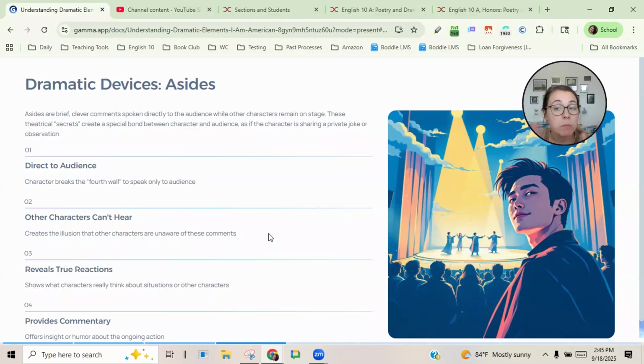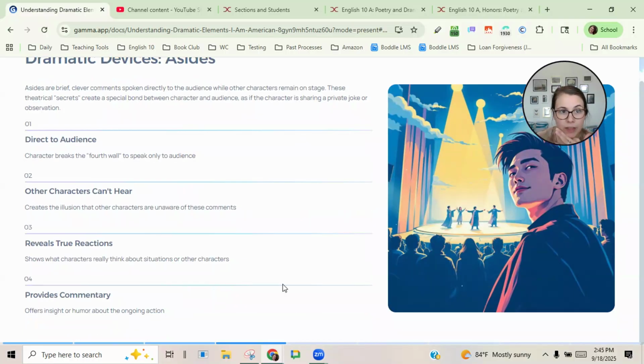And so they're completely unaware that these comments are happening, and that's how you differentiate an aside from a monologue. And so this is their true reactions or their true thoughts on the topic when they give an aside, and it's usually funny or insightful.